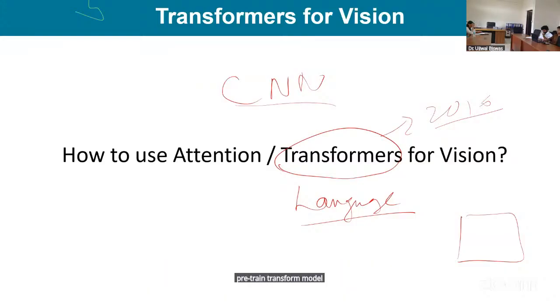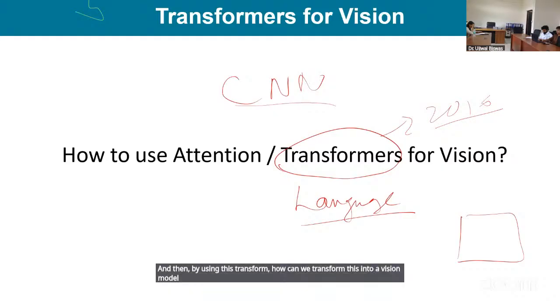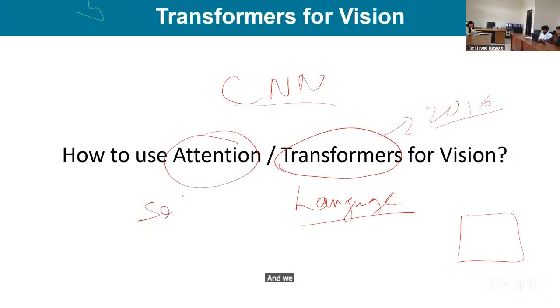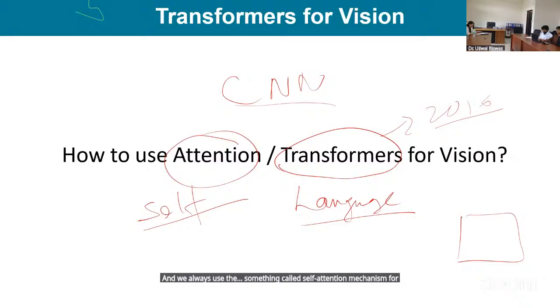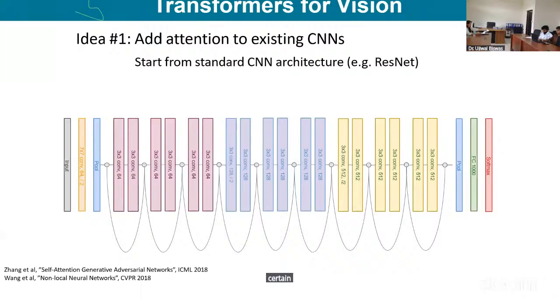Then by using this transformer, how can we transform it into a vision model? It uses the self-attention mechanism to enhance its performance through a self-supervised learning process. So there are certain ideas. The first idea is: why don't we add attention to an existing CNN model?